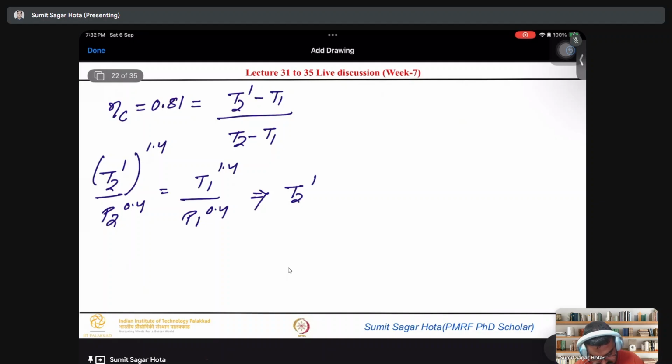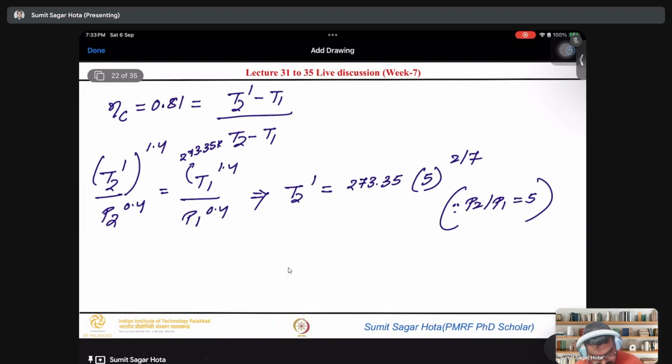So T2 dash is equal to T1, which is 273.35 Kelvin, into P2 by P1, which we know is 5, to the power 2 by 7. So T2 dash is equal to 432.94 Kelvin.